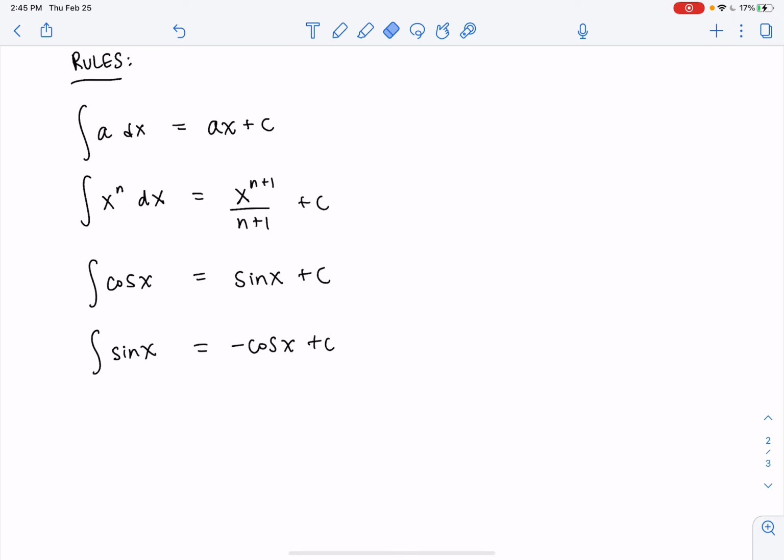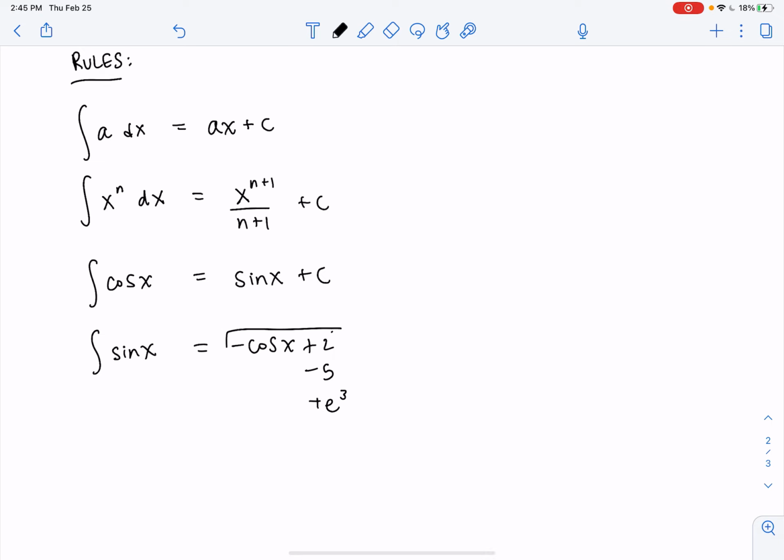Why? Remember, the derivative of cosine is negative sine. But if we want a positive sine, then we need to add an extra negative there. And by the way, c just represents any constant. So that could be like plus 2, or it could be minus 5, or it could be plus e to the third power. All of these are just numbers that my calculator could represent.